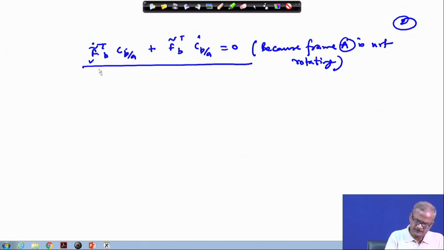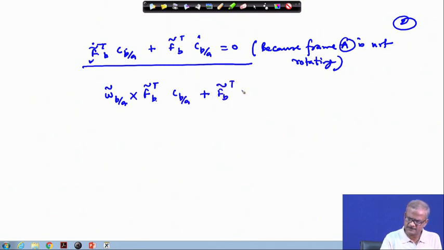This quantity is the rate of change of a vector. This is the rate of change of vector b, or in this case the vectrix. So, we can write this as omega tilde B/A cross f tilde B transpose, operated on by C B/A, plus f B tilde transpose.